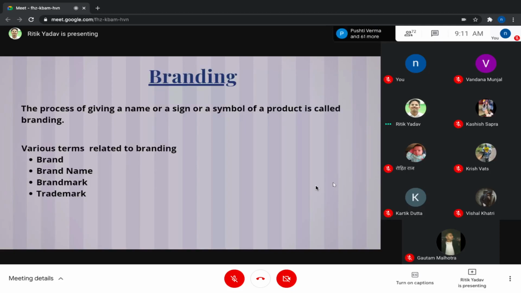Now, it also has various terms. First is brand, second brand name, third brand mark, and fourth trademark.